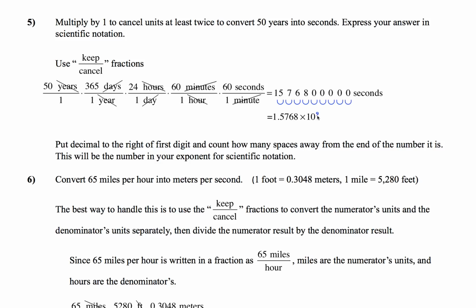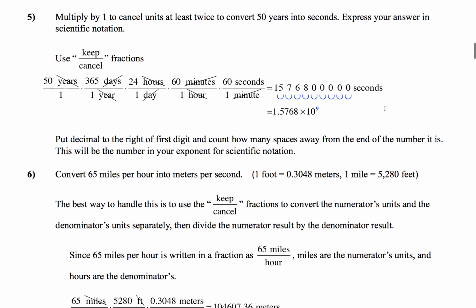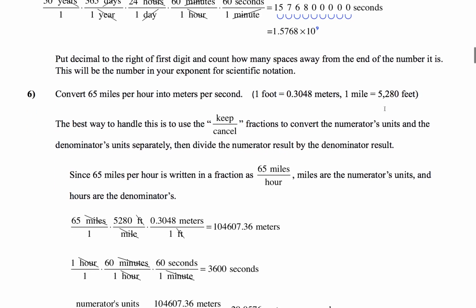So in scientific notation, this is 1.5768. The decimal place is here because that's where I need to place it for scientific notation. So it's 1.5768 times 10 to the 9th. There's 9 places we moved the decimal, so this is going to be 10 to the 9th. And that's your answer in scientific notation.